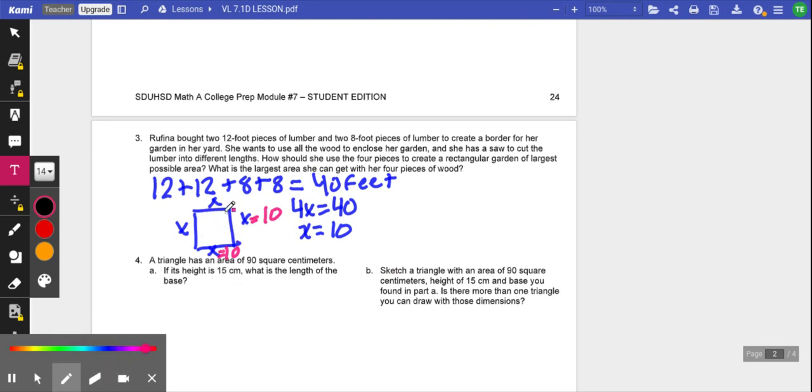Okay, we're assuming we can't make a circle. If we can make a circle, it would be even better, but our pieces of wood are straight and not curved.